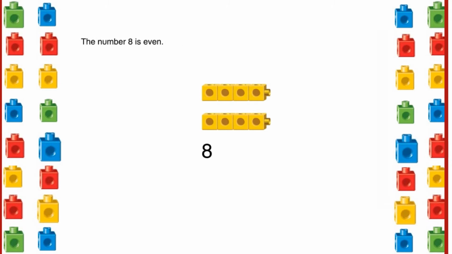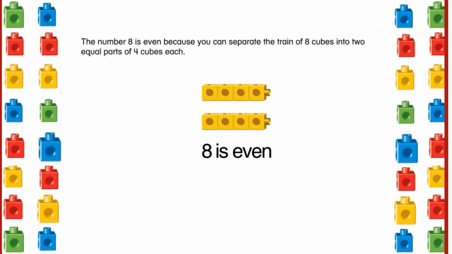The number 8 is even. How do you know the number 8 is even? Oh, come on, guys. We learned this already. You know it. Because we're able to make two even stacks. The number 8 is even because you can separate the train of 8 cubes into two equal parts of 4 cubes each.